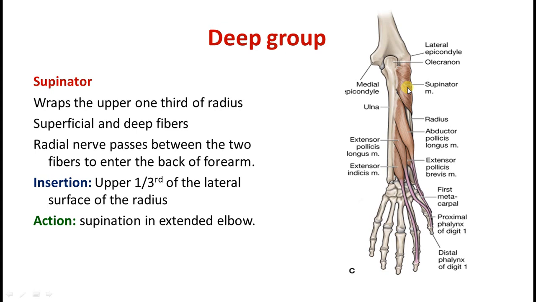In a flexed elbow, the powerful supinator is the biceps brachii muscle. In the flexed elbow, supination is effectively performed by the biceps brachii. In the extended elbow, the supinator performs supination at the radio-ulnar joints.